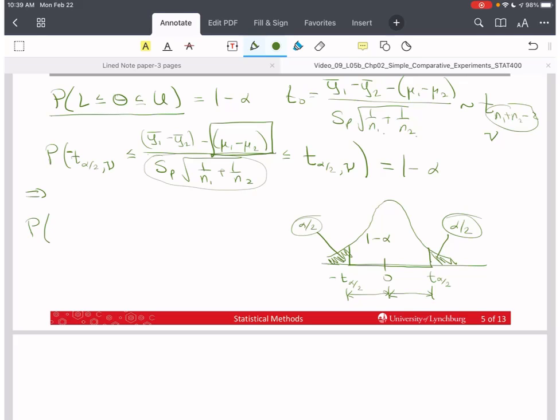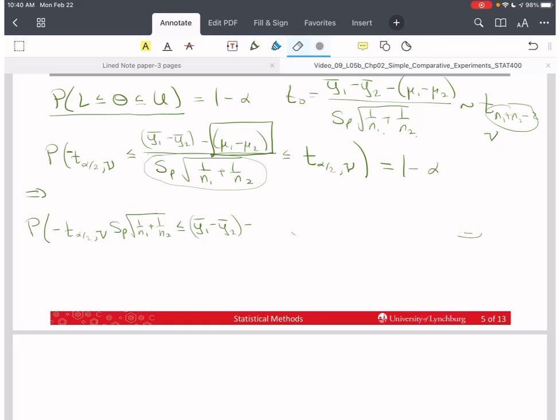I end up with negative t alpha over 2 comma nu s sub p square root 1 over n1 plus 1 over n2, and then I have y1 bar minus y2 bar minus (mu1 minus mu2), make sure you don't forget your parentheses, and on this side it will be a positive t alpha over 2 nu s sub p square root 1 over n1 plus 1 over n2.